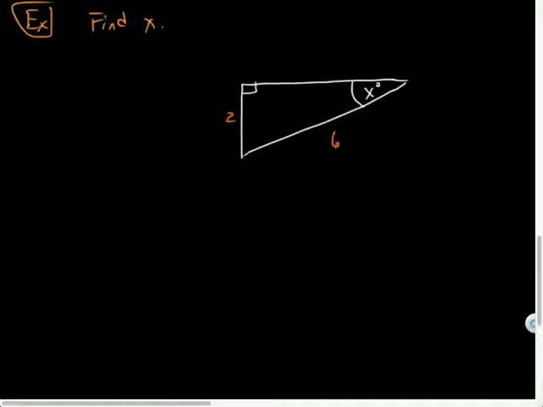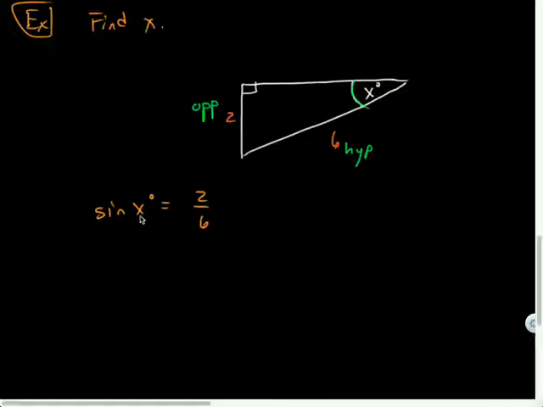Now, I'm going to use the same skill set that I've had before. 2 here is the opposite, 6 is the hypotenuse. So from the angle that I'm looking for as perspective, what trig ratio compares those things? That's sine. So I'm going to say sine of x degrees, or x, is equal to 2 over 6, right?